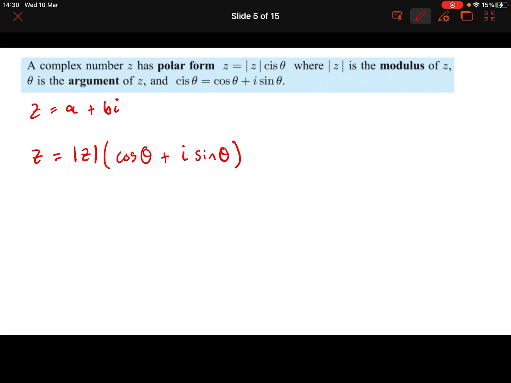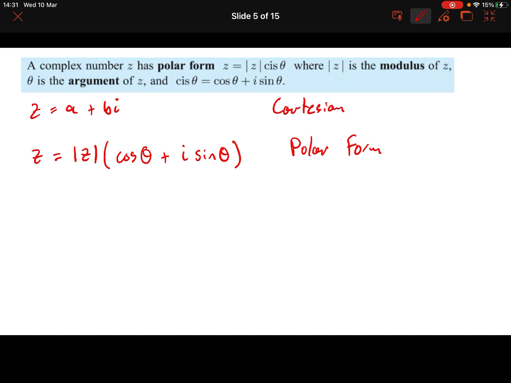So I hope that makes sense. All you need to do to be able to write it in this form is know what the modulus is and what the argument is. And this is what we call polar form. This one above is Cartesian form.